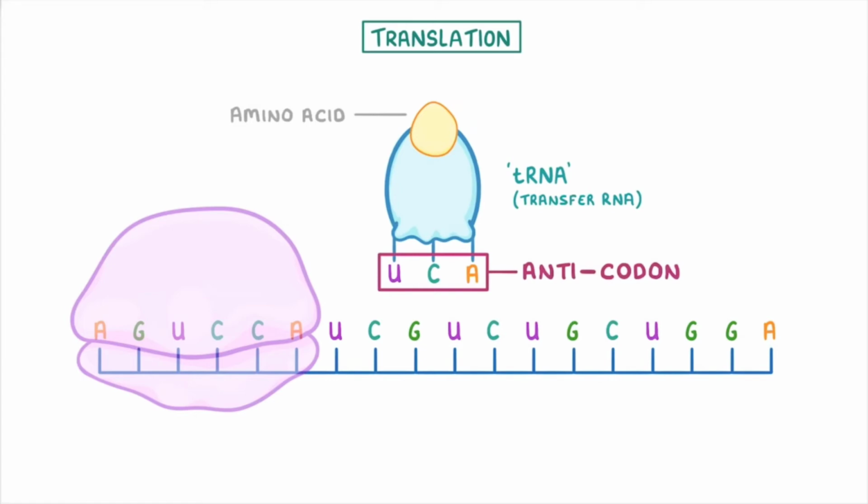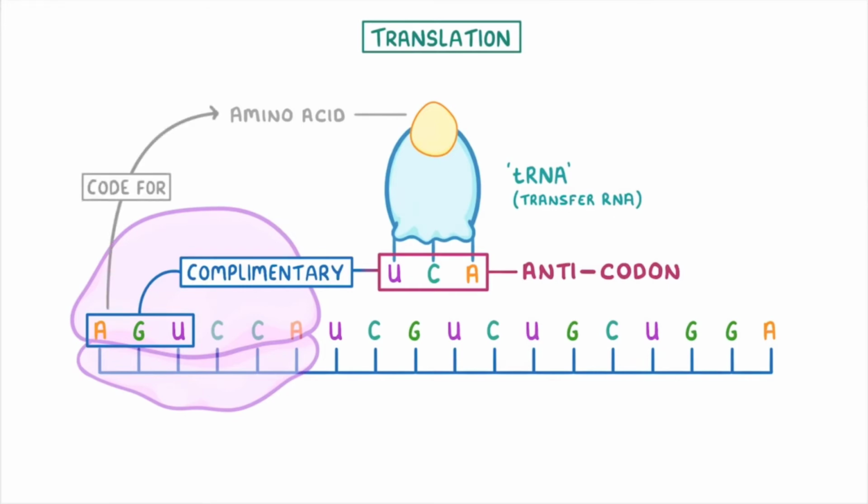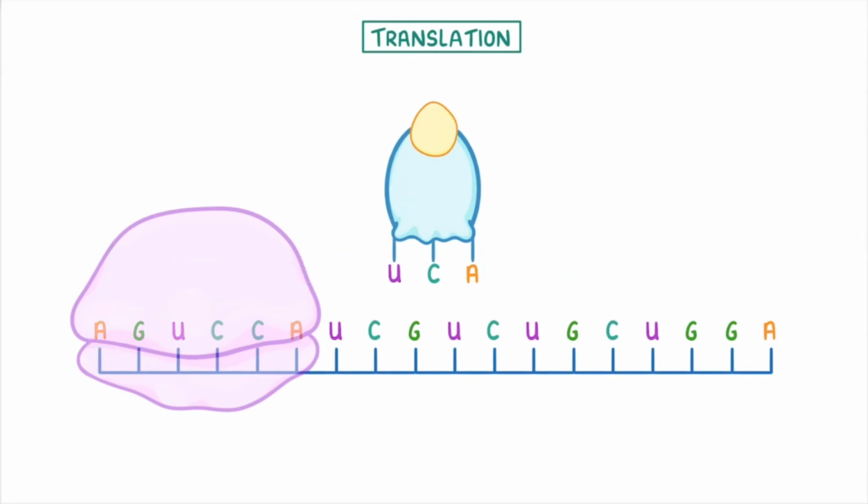An anticodon is a sequence of 3 bases, which is complementary to the 3 bases on the mRNA that code for the amino acid the tRNA is carrying. So, because each type of tRNA molecule is specific to a particular triplet, it ensures it always brings the correct amino acid.